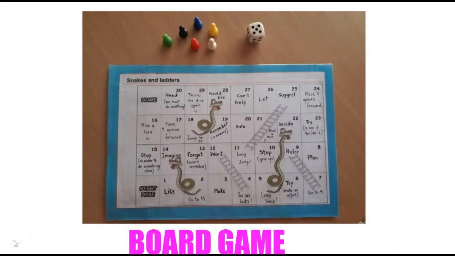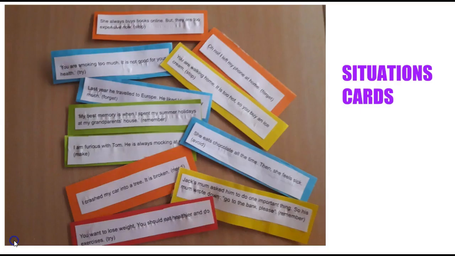This is the snakes and ladders board game I used in station number 2. I had downloaded the template from the internet and I completed the game with the information my students found in the video.